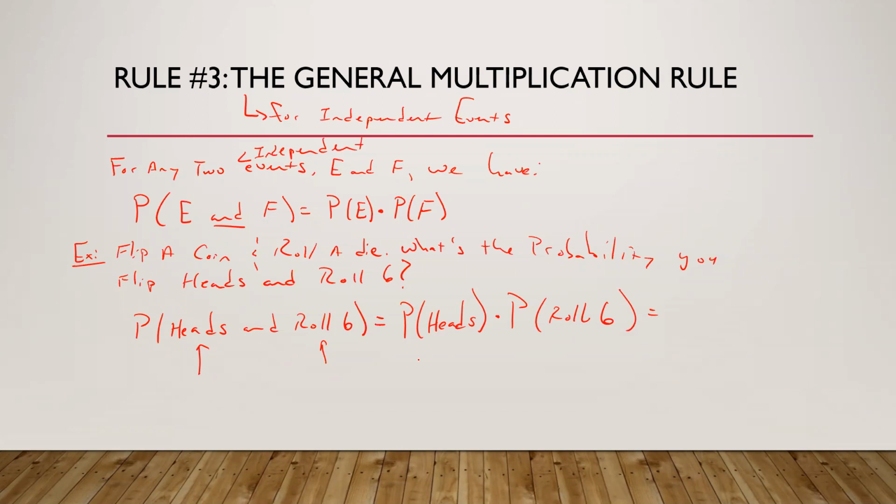When you flip a coin, what's the probability you get heads? 1/2. What's the probability you roll a 6? 1/6. What's 1/2 times 1/6? Just multiply across. So 1 times 1 is 1, 2 times 6 is 12. Wow, look at that. This works. So whenever they're independent and you see the 'and' statement, 'and' implies multiplication.